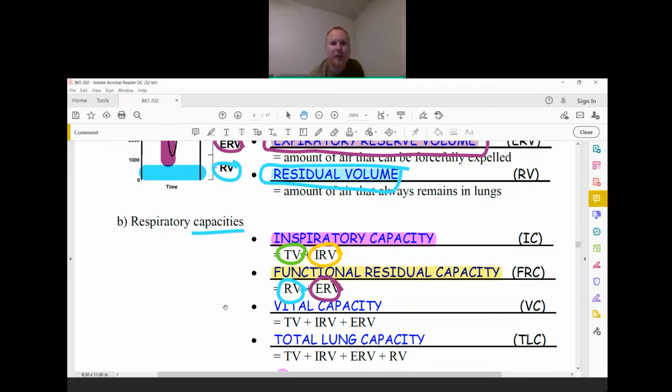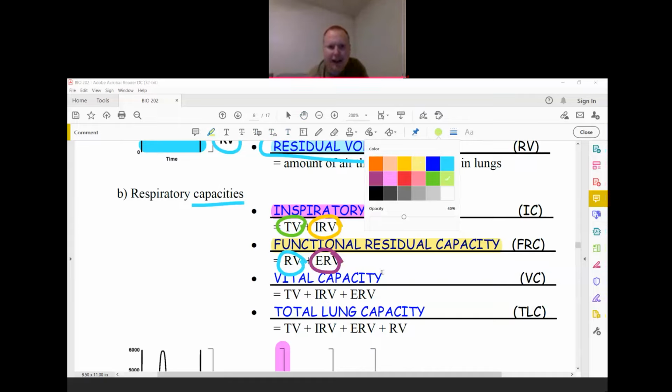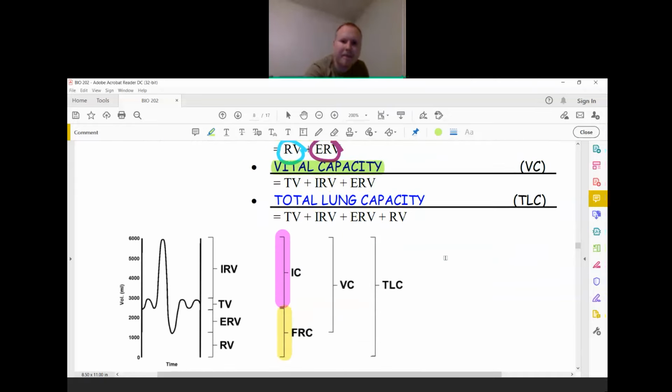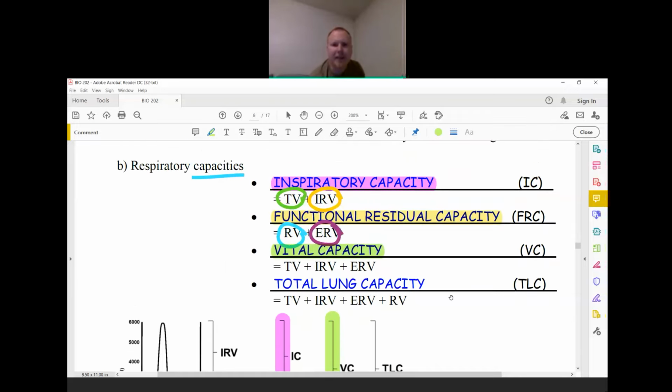The next one that we're going to look at is our vital capacity. Let's add that to this diagram, often abbreviated as VC. So how do you calculate your vital capacity?